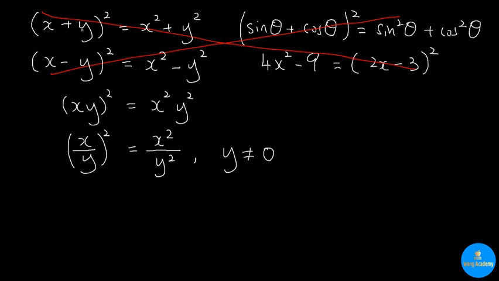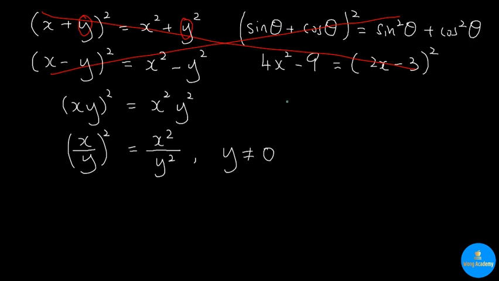For example, if you take y being 0, then x plus 0 squared is x squared, and x squared plus 0 squared is also x squared. So occasionally they are correct, but in general, for other values of x and y, they are most likely wrong.